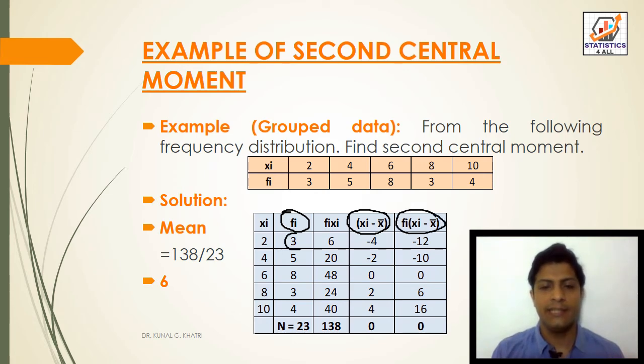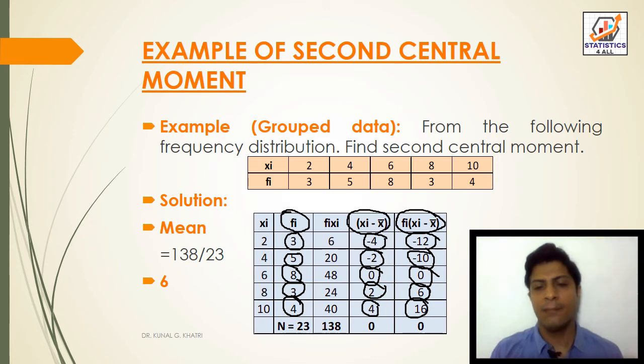So 3 into minus 4 is equal to minus 12. 5 into minus 2 is minus 10. 8 into 0 is 0. 3 into 2 is 6. 4 into 4 is 16. After multiplying, we have to find the total of fi into (xi minus x bar), and we have the value 0.